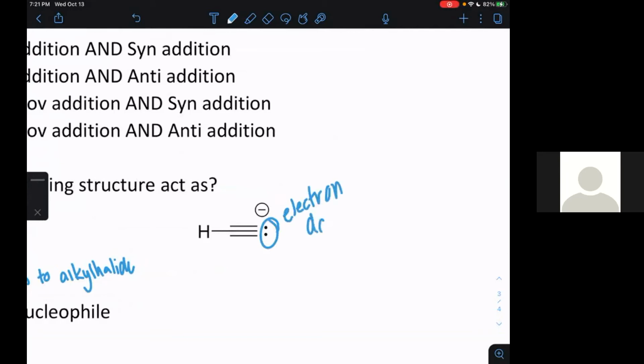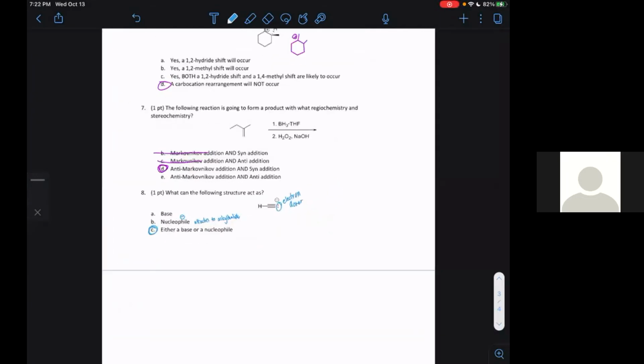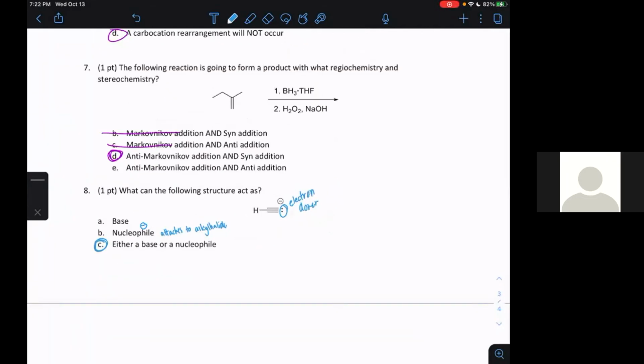But what I'm interpreting is if it's reacting with an alkyl halide, it's going to be a nucleophile because I think alkyl halides have a partial positive charge, so the negative charge attacks that partial positive charge. But if you just have a basic acid-base reaction, with an acid and a base, it's just going to be a base.